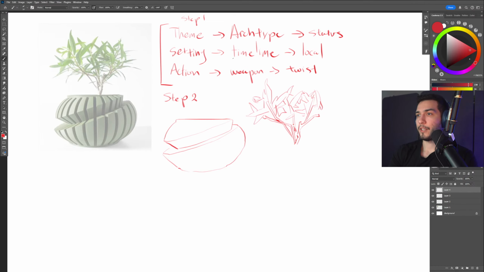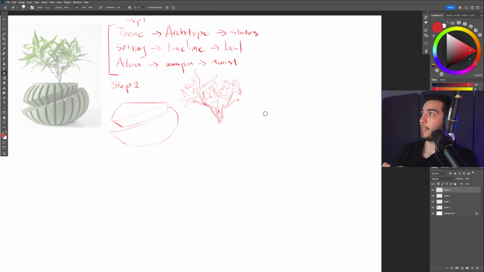We have those branches, and stuff like this is taking it one step further each and every time of trying to figure out what we're drawing, right? So in this particular case, if we think about a knight, maybe he's a big pudgy knight, right?